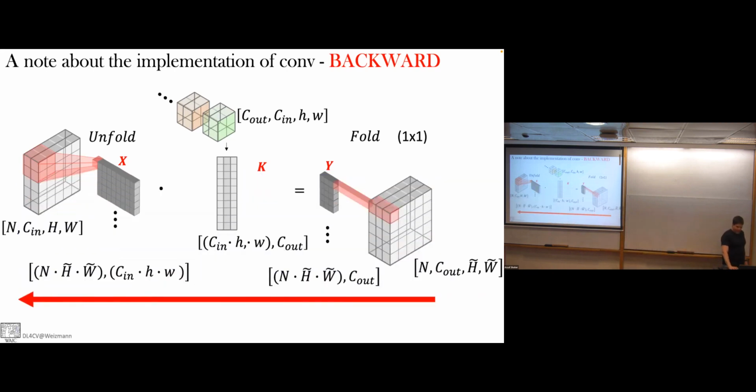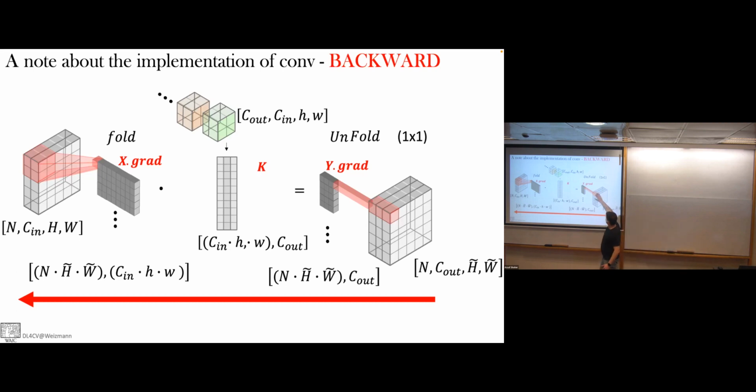So, this is the direction we're going now. We're doing back propagation. We get the gradient of Y, we want to get to the gradient of X and to the gradient of K. So the first thing we need to do is, instead of fold, we do unfold now. Okay, just the direction.